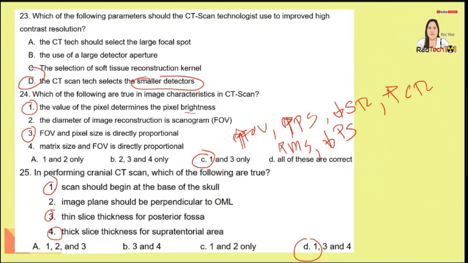But for more recent practices, it is now perpendicular sa GML, hindi na sa OML. So ang purpose nito, kung bakit nasa GML na or sa glabellomeatal line, is to reduce exposure to the lens of the eye. So for radiation protection purposes.